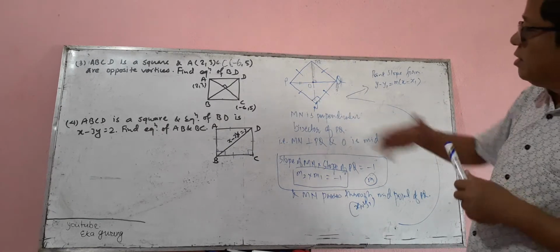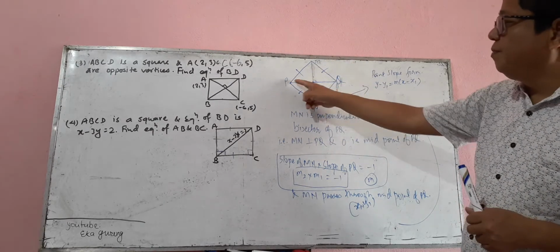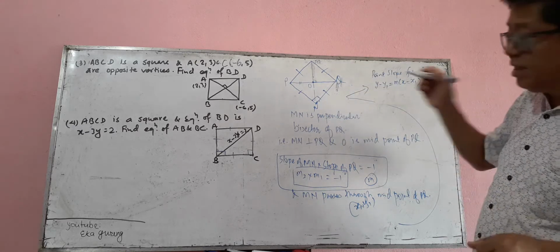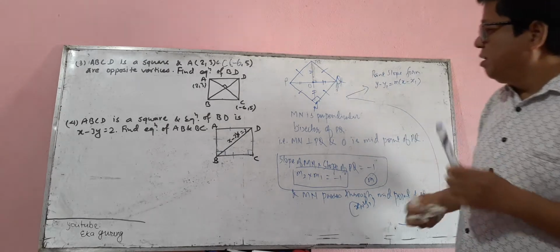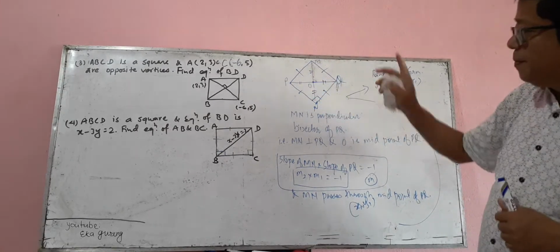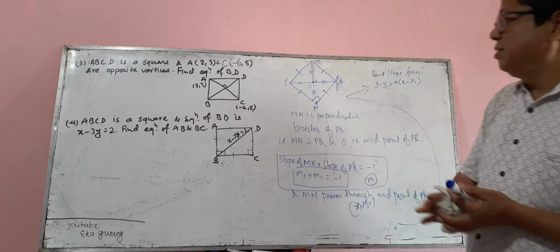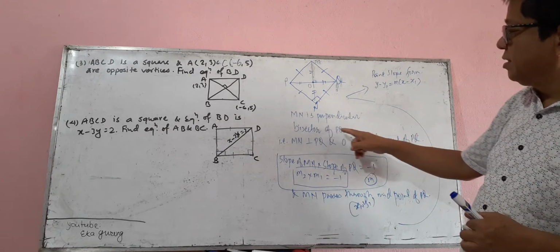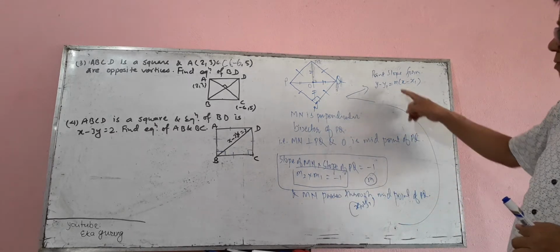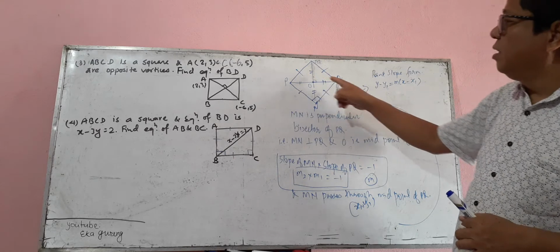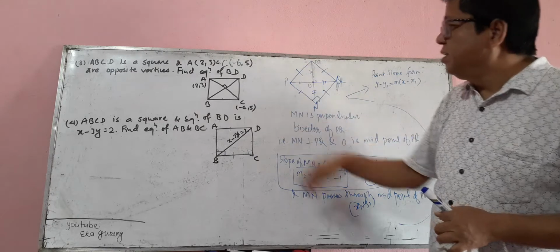Then look at it, the same result: MN is perpendicular bisector of PQ, or PQ is perpendicular bisector of MN. In case of a square, the diagonals bisect each other at right angles. That means MN is perpendicular bisector of PQ or vice versa, and we can find the equation of either of the diagonals. It depends on the given conditions.